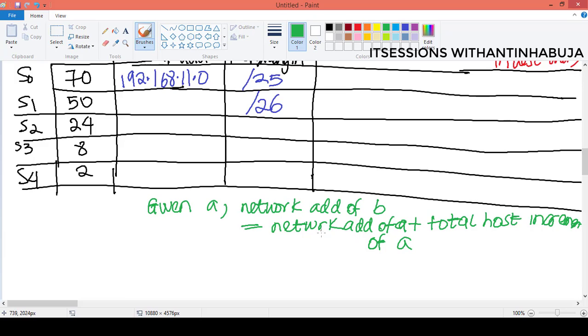So for us to get the network address of B, we see network address of A, that is 192.168.11.0, plus total host increment of A.